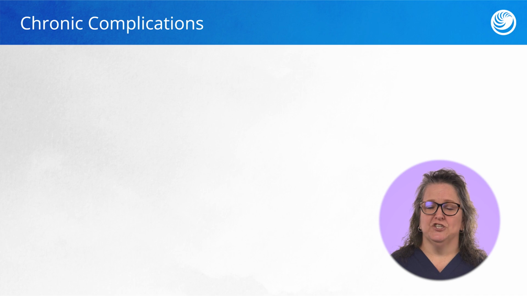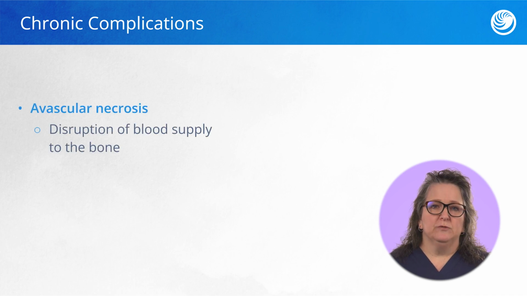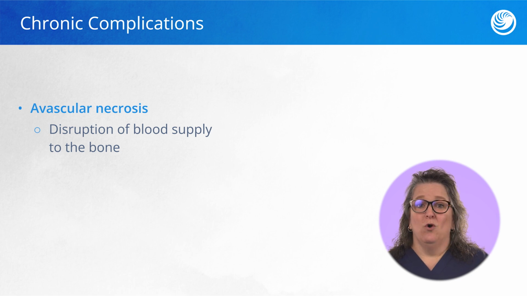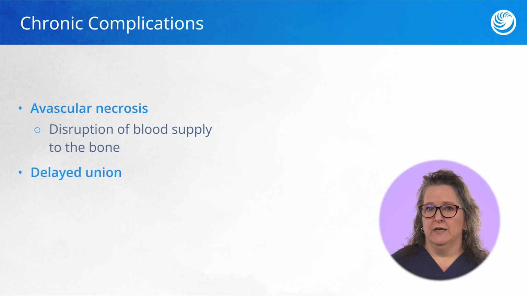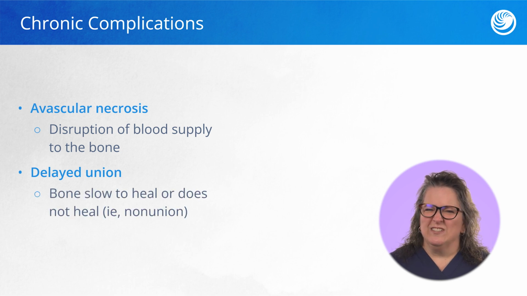Chronic complications: avascular necrosis, disruption of blood supply to the bone. No blood supply means no oxygen supply, which results in bone cell death. Delayed union. The bone is slow to heal or does not heal at all. There's non-union.